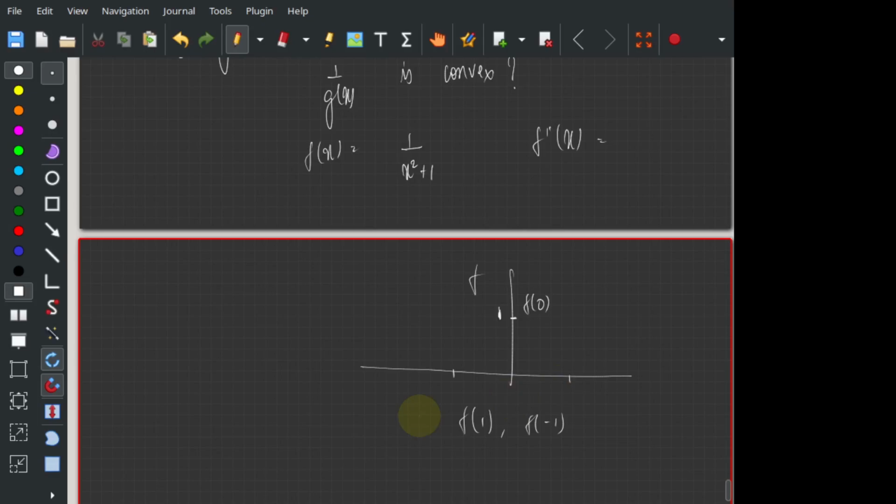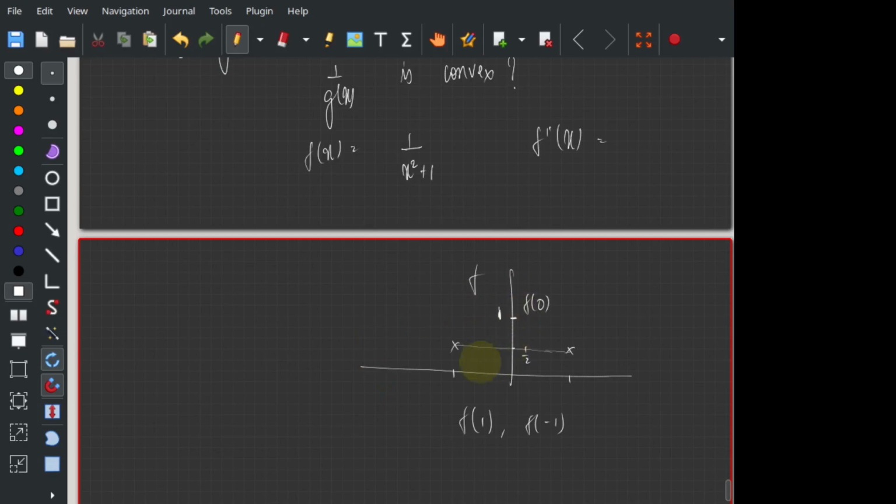It's half, right? So these 2 points, and I take the straight line joining these. Is f of x always below the straight line joining these 2 points? No, right?